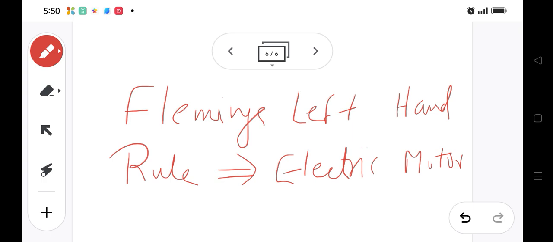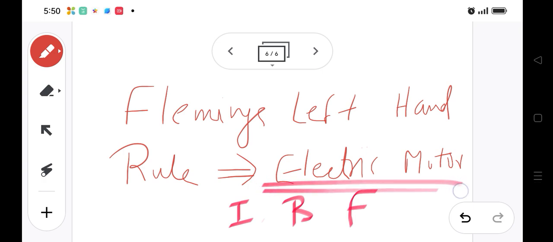We are providing electrical energy, so the direction of this current, then magnetic field, then force, is given in the last class. The details about the electric motor are there.